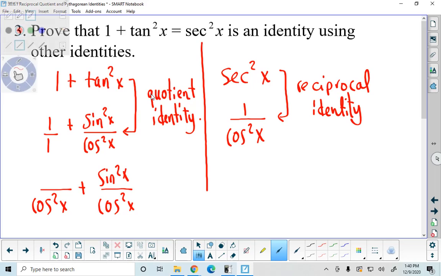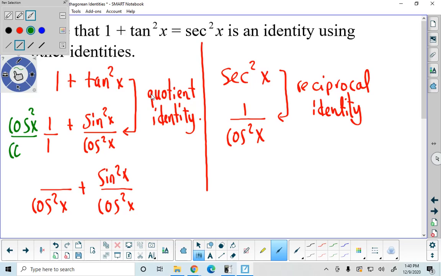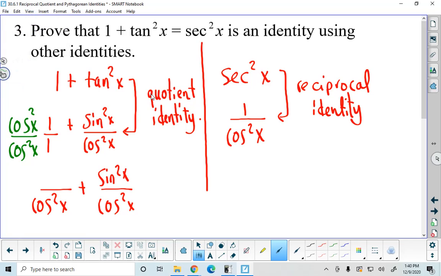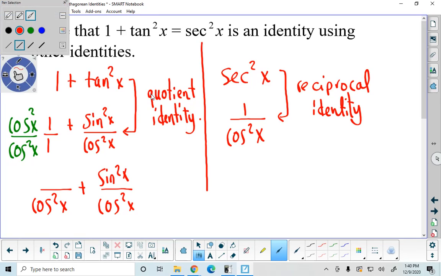I'm going to need to multiply the top and the bottom of the first fraction by cosine squared of x to turn it into a denominator of cosine squared of x. When I do that, what I get in the numerator is cosine squared of x. You do not need to use words to explain that. You only need to use words when you use an identity.